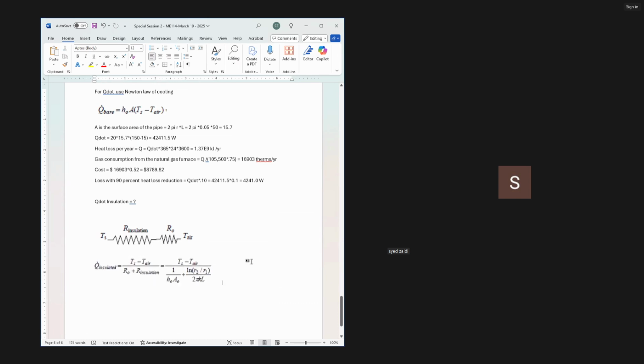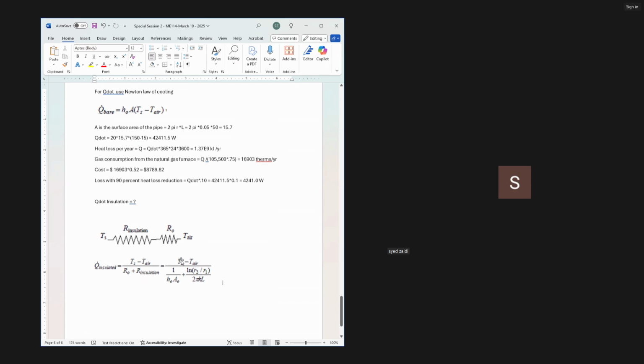You do not need to prove anything. It should be the end temperature difference from left to right, Ts minus T air, divided by the resistance of the pipe to the heat transfer plus the R for insulation.